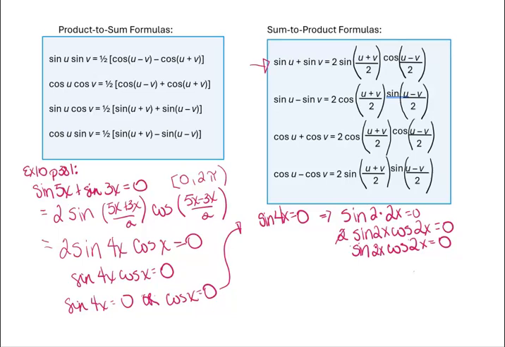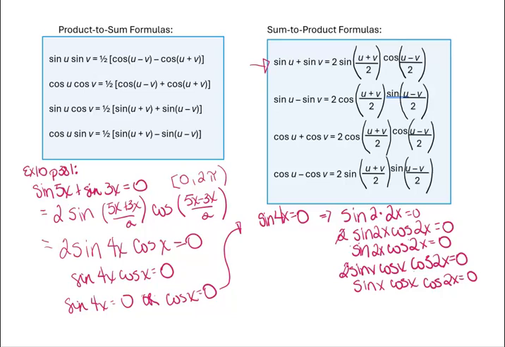Now I can simplify the sine of 2x again, and it becomes 2 sine x cosine x, and I'm going to leave cosine of 2x the way it is. There's a reason for that. I'm going to go in circles if I don't. So then if I divide by 2 again, I get sine x cosine x times cosine of 2x equals 0.